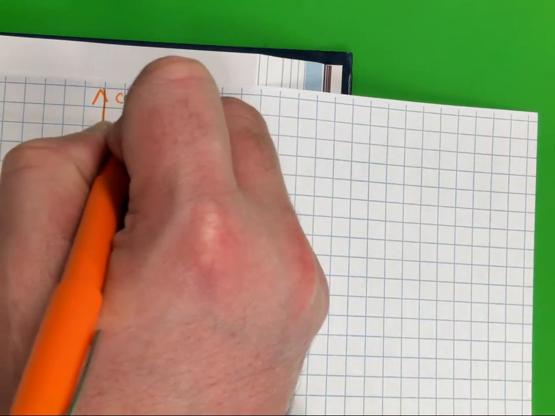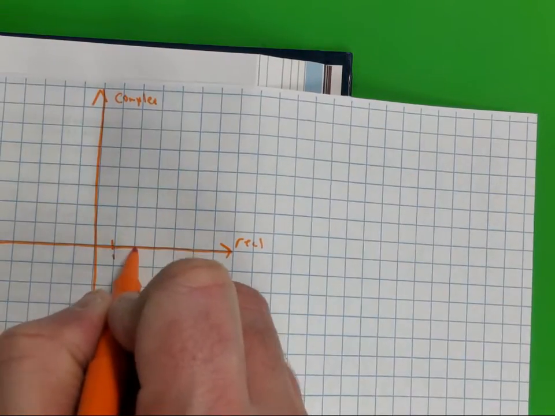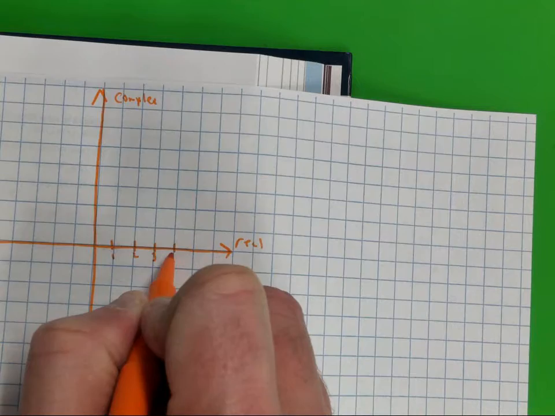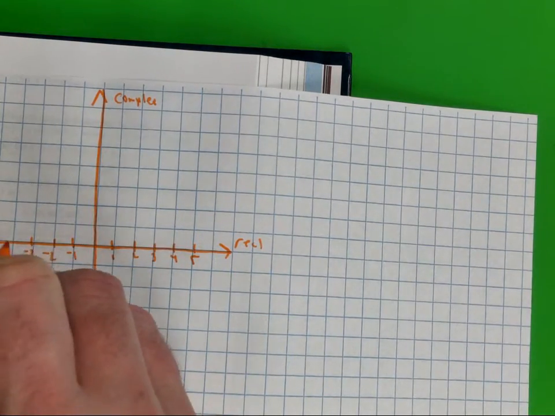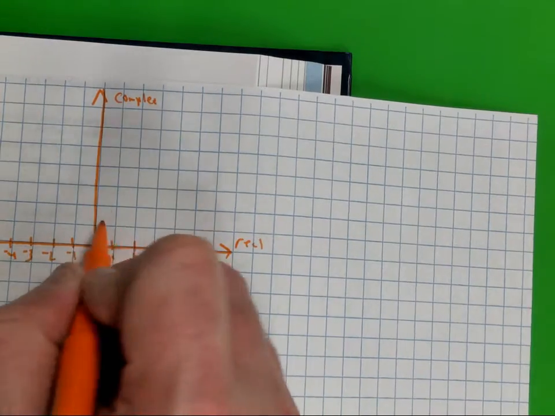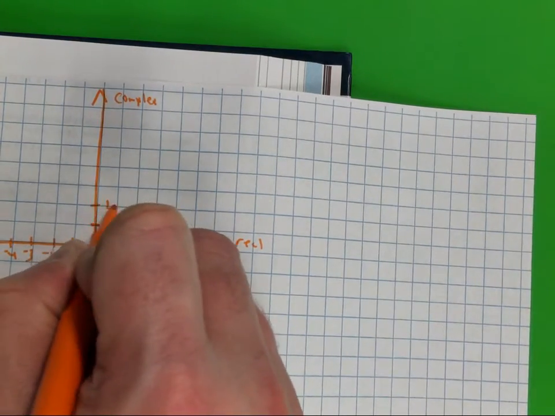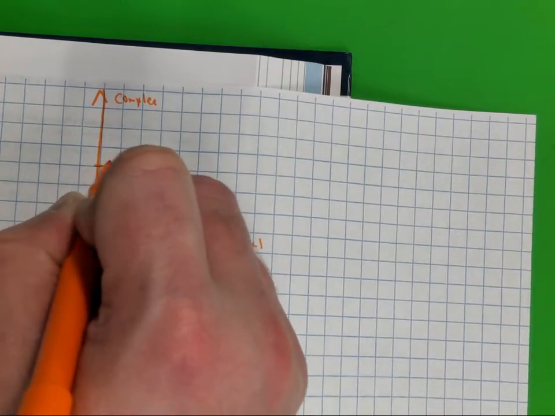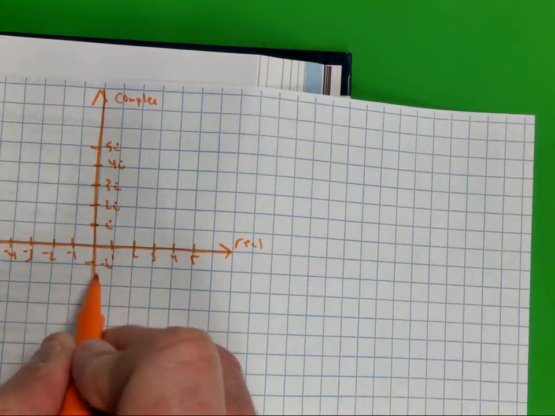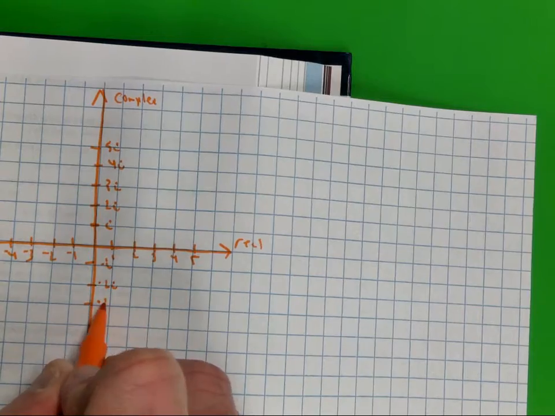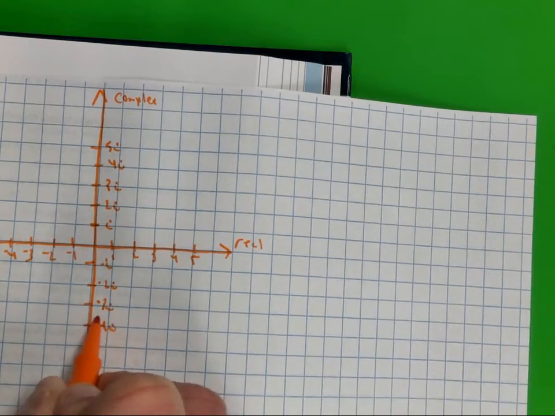This is the complex axis. This is 1, 2, 3, 4, and so forth, just like you learned. And then this is going to be i, 2i, 3i, 4i, 5i, negative i, negative 2i, negative 3i, negative 4i, and so forth.